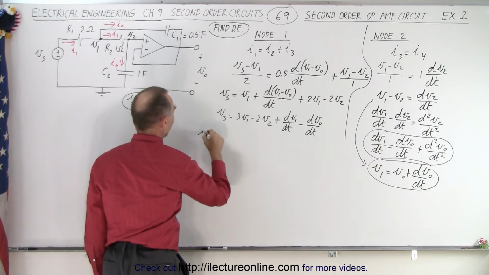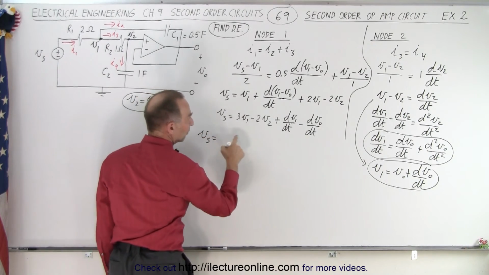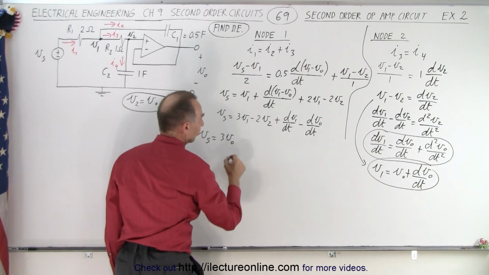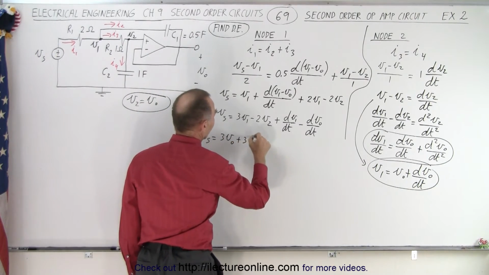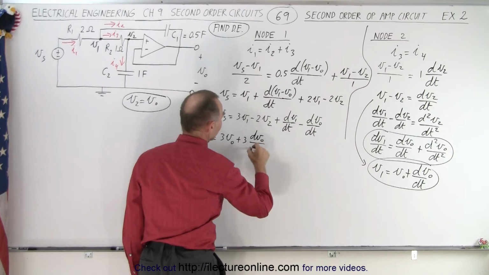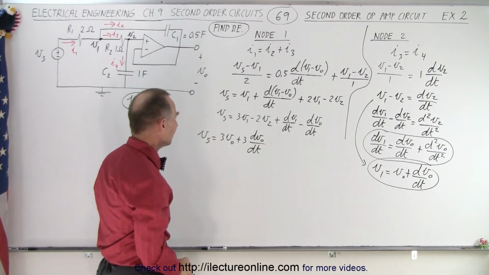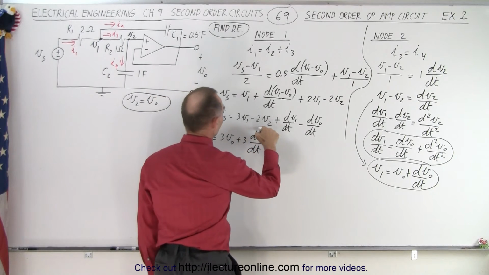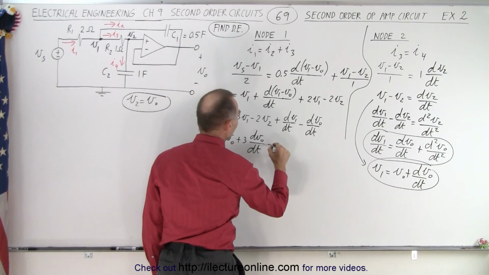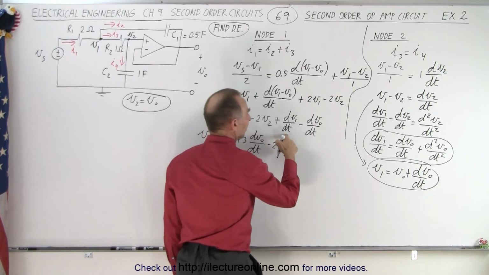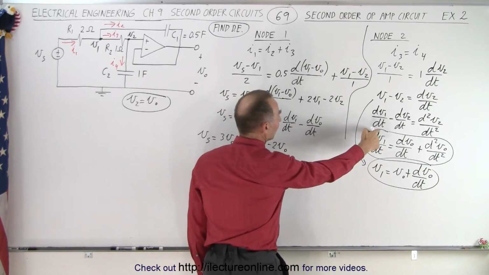So now we can say that the source voltage is equal to 3 times V1, but V1 is that. So 3 times the output voltage plus 3 times the first derivative of the output voltage, I keep calling it V0, but it's really the output voltage with respect to time, minus twice V2, which is the same as minus 2 times the output voltage, plus the first derivative of V1 with respect to time, that's right here.